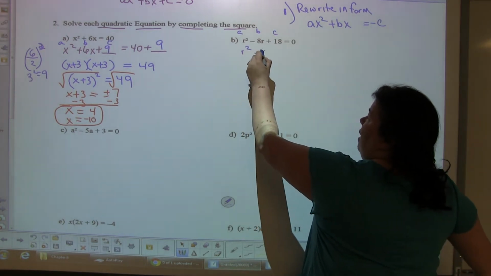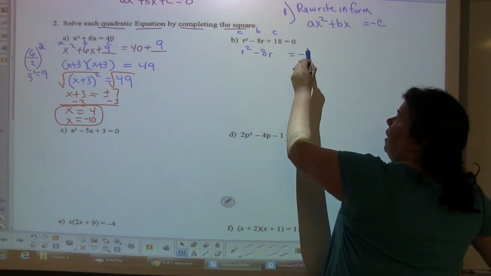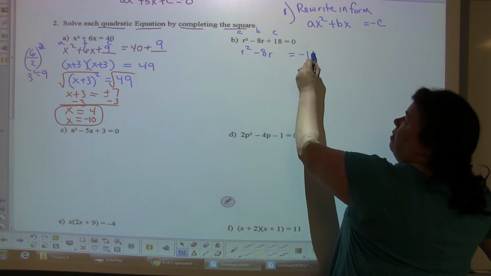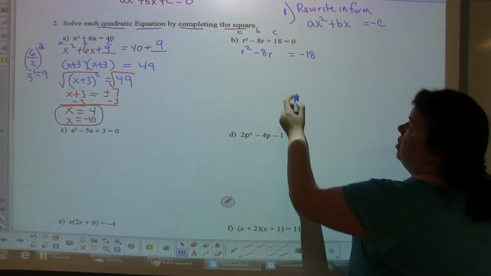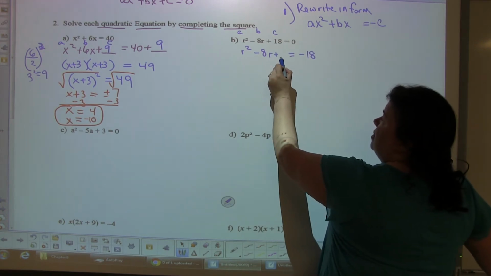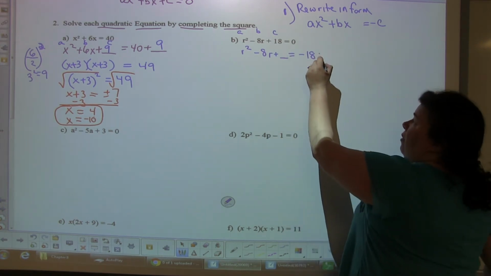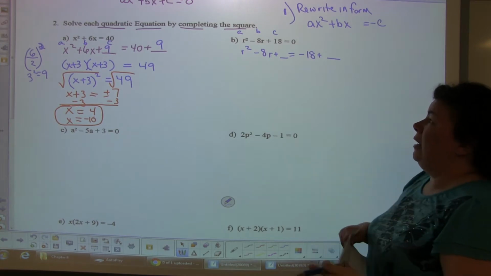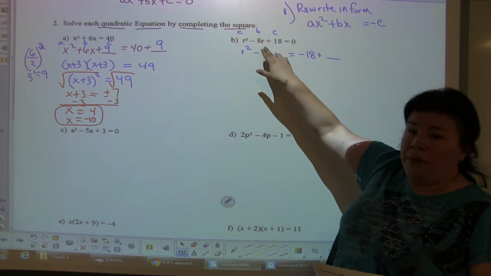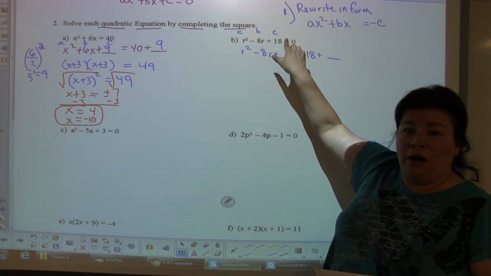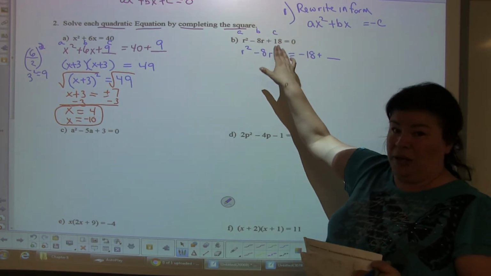So if we do that and rewrite it in that form, I'm saving some space because we're going to complete this square and make it a perfect square. So I know I'm going to have to add some term, and whatever I do to the left side, I'm going to do to the right side. Right now we're going to use our little formula to find our constant that will make this a perfect square.